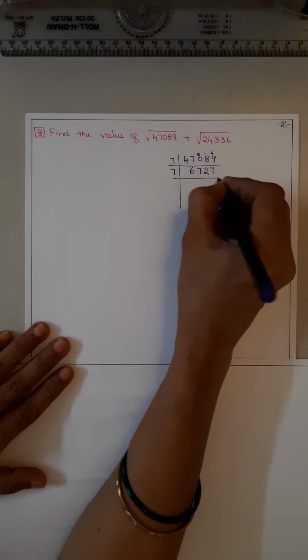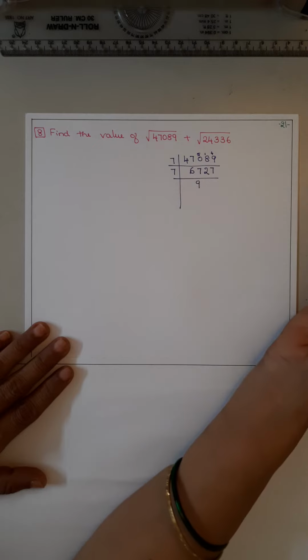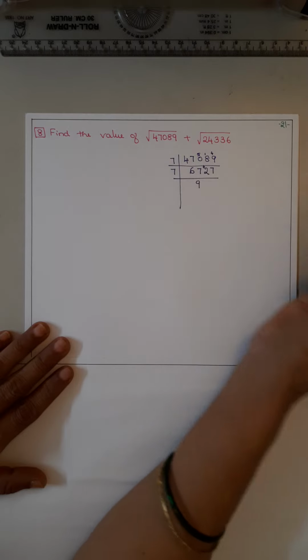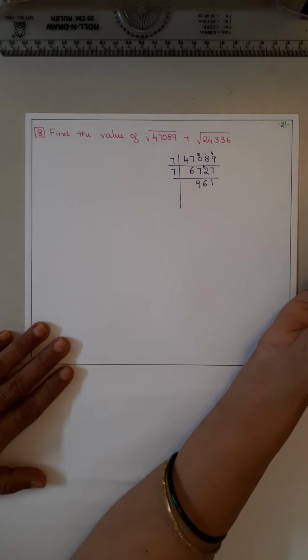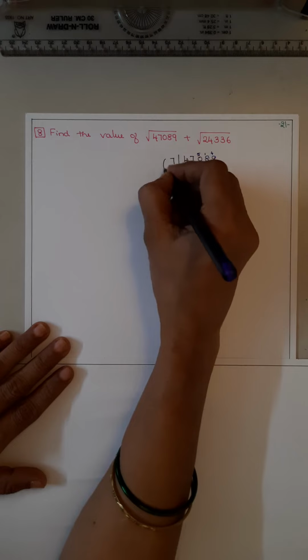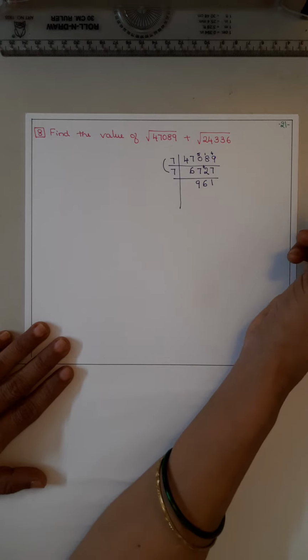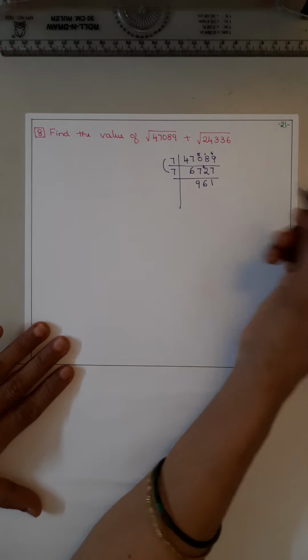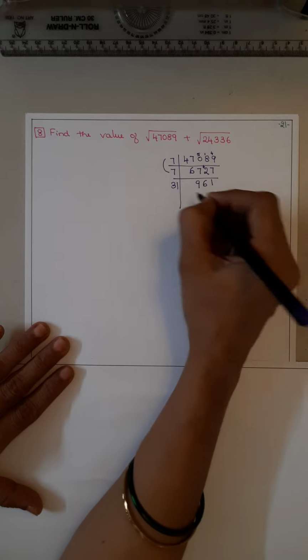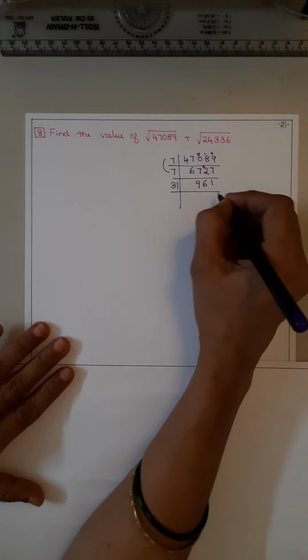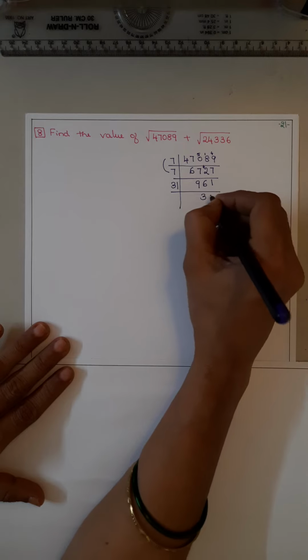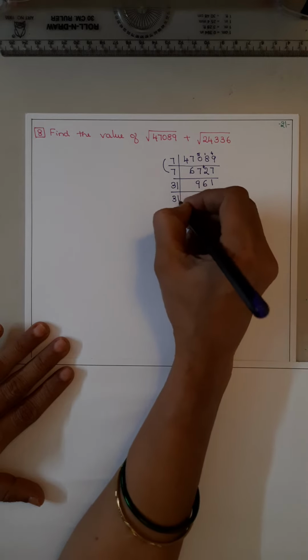Again 7 9s are 63, 4 remains. 7 6s are 42. Now it is 7 1 7. Now 961 is the square of 31. 900 is of 30, so 961 is of 31. So 31.